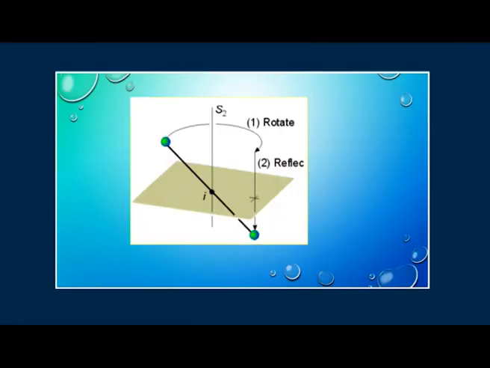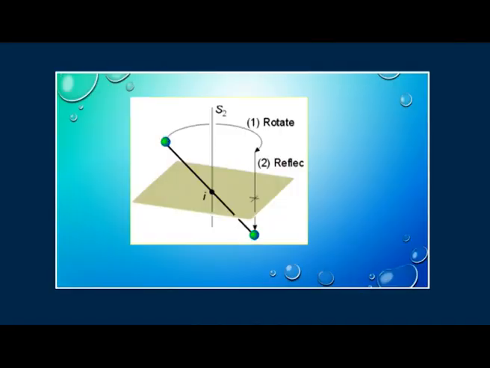A crystal structure is said to possess a rotation inversion axis, or a roto inversion axis, if it is brought into self coincidence by the rotation followed by the inversion about the lattice point through which the rotation axis passes. For example, see the picture here.